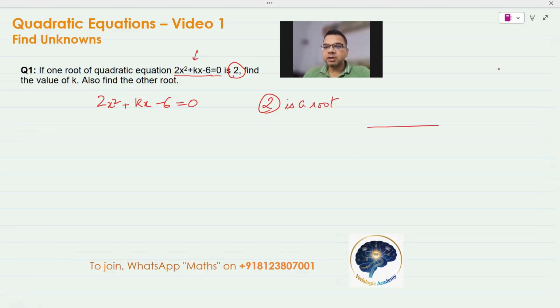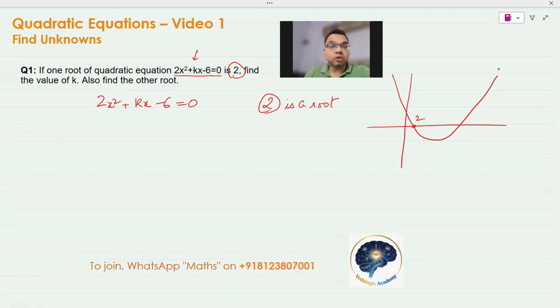So the graph will be somewhere like this, opening upwards because the coefficient of x square is positive. Now it says 2 is a root. So let's say that this is a root, 2. What is the meaning of a root?